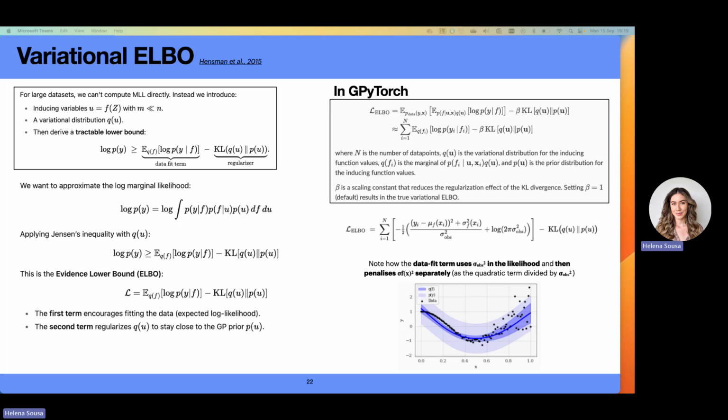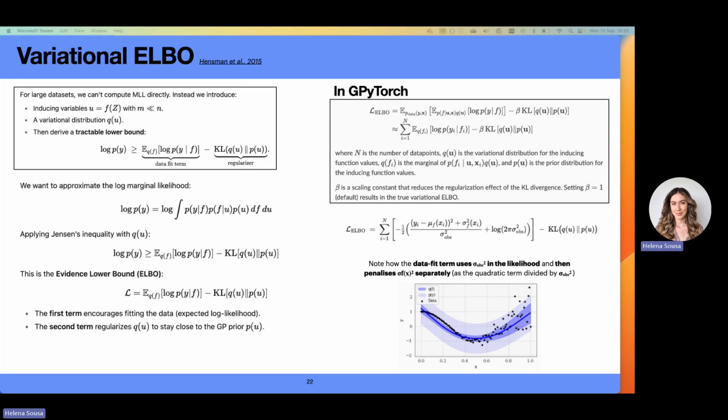On the right side, I've also included what GPyTorch describes as their ELBO function, which is basically equivalent. They also add this beta factor here, so we can control our regularizer, as a weight on this penalty.